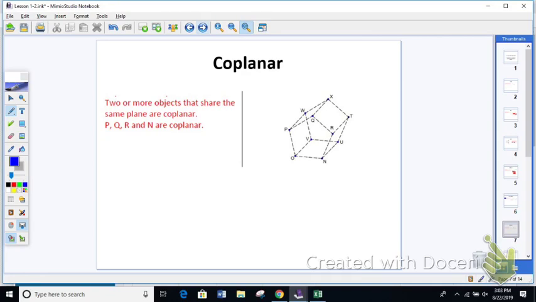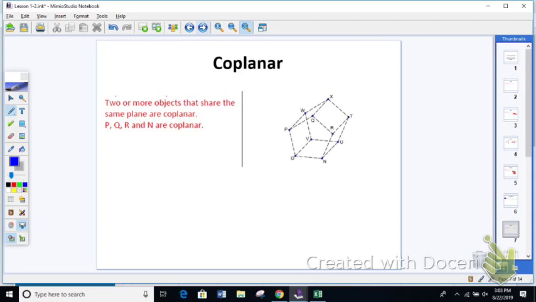Coplanar. Again, this is where we need to think a little bit more because we've got a 3-dimensional picture in 2 dimensions. Some people are able to do that in their head very easily. Other people, it takes some practice.